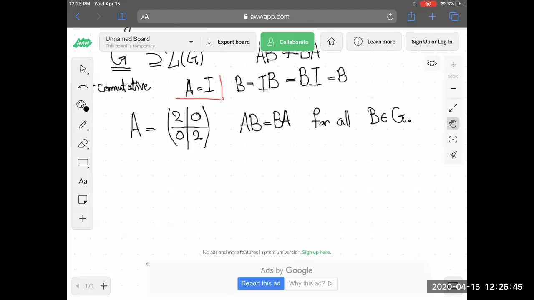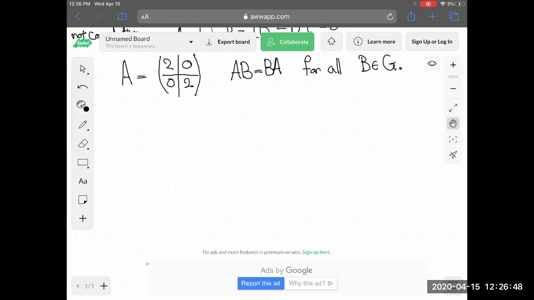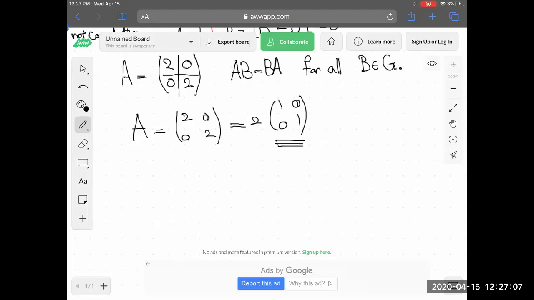Good. So the reason is that A is 2, 0, 0, 2. I can write it as 2 times the matrix 1, 0, 0, 1. If I multiply every entry in this matrix by 2, I would get this one, right? So it's just 2 times this matrix. But this matrix is the identity matrix, so A is 2I.